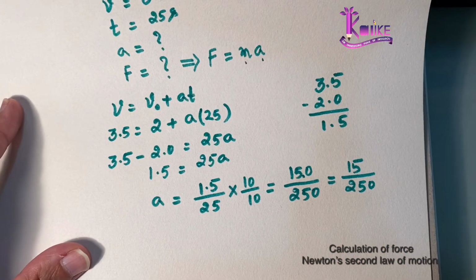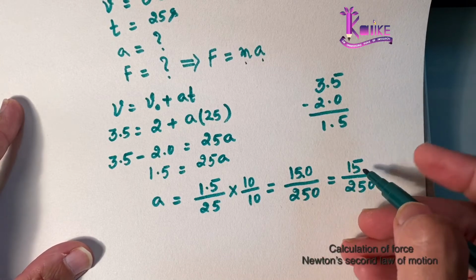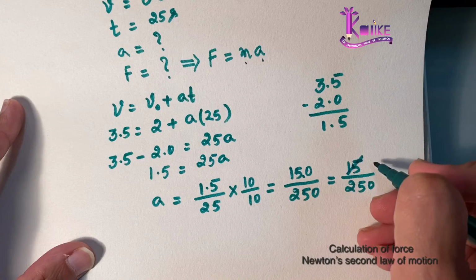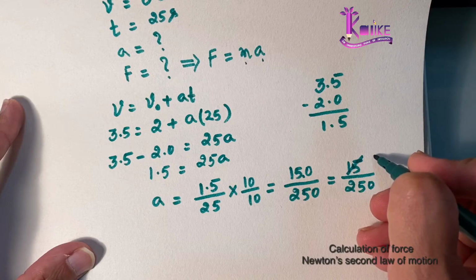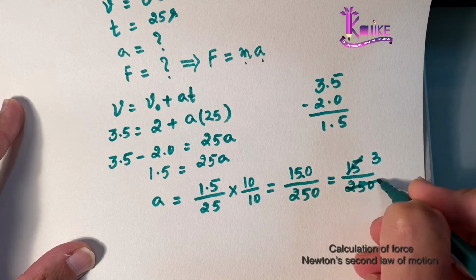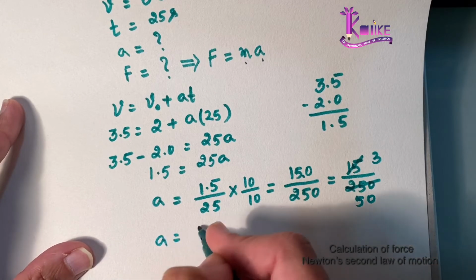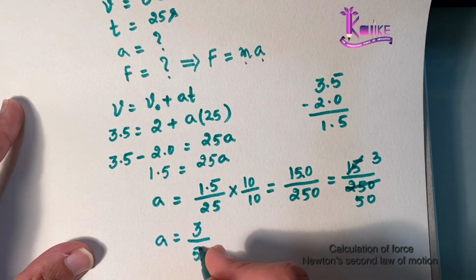This can be easily simplified. 5 3s are 15, 5 50s are 250. So A is equal to 3 divided by 50.